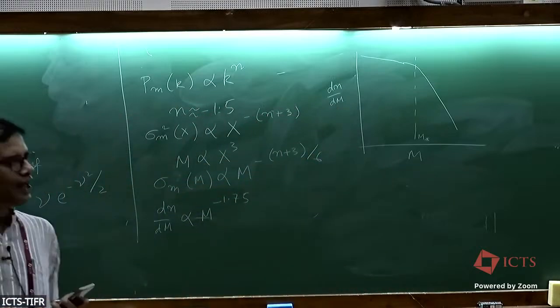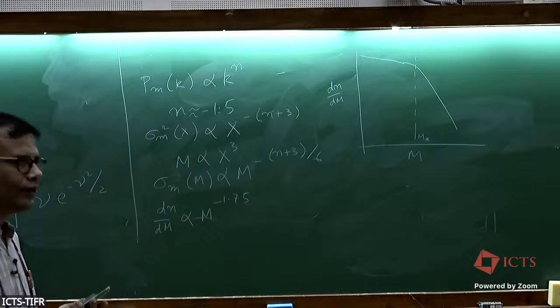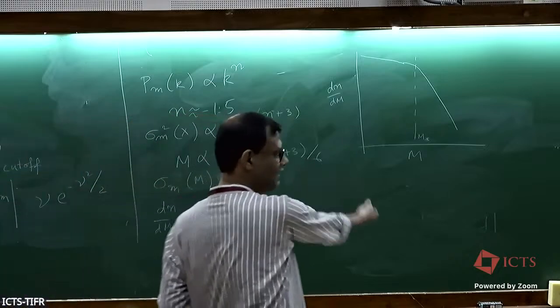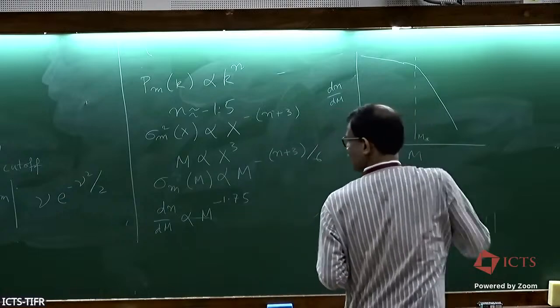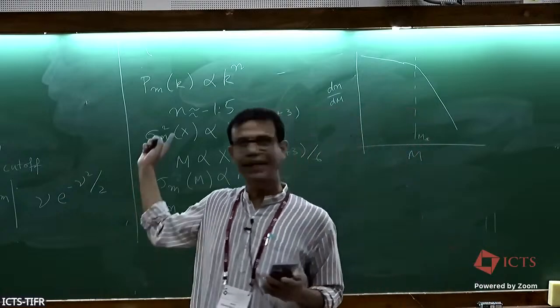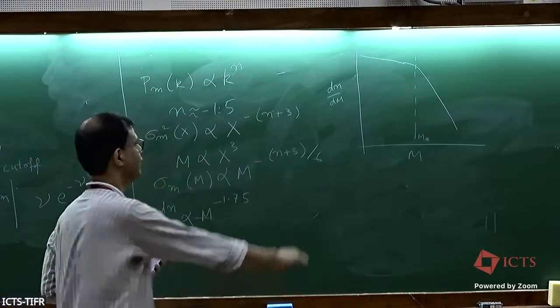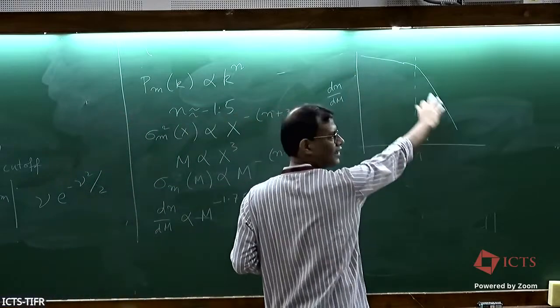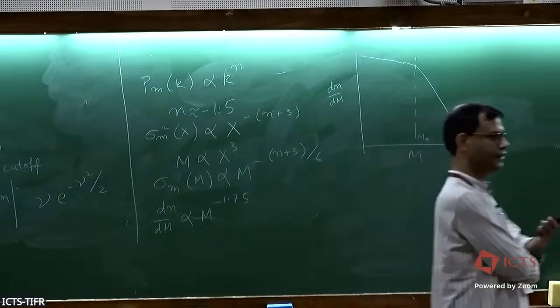If you do ellipsoidal collapse, it picks up some shape. So that changes the form of the mass function. But again, the basic idea still remains the same: a lot of small mass halos, and an exponential cutoff at high masses.